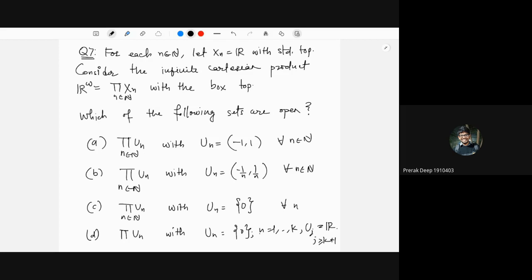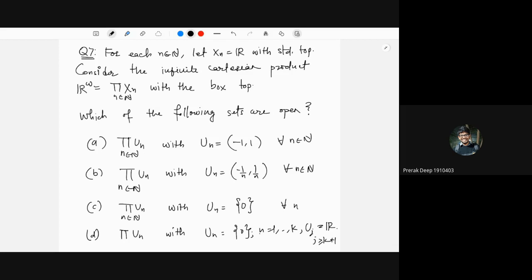The product of open sets will be the basis, open sets in each X_n. So this is a product, an infinitely long product, and each component in that product has to be open in its respective topology.